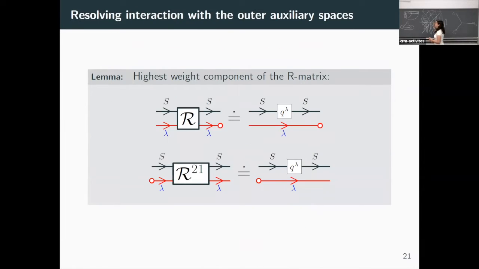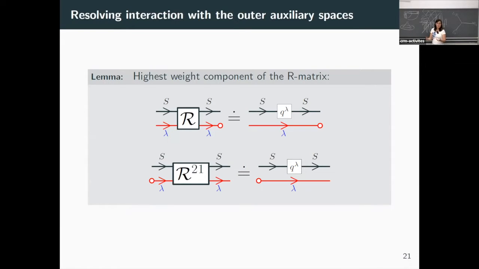Something else that we'll need to know is how the R-matrix interacts with these highest weight components. And this is in fact very easy, because if we take the R-matrix and have it act on the highest weight vector in our Verma module, then the only component of the R-matrix that will be left is the part which is in the Cartan subalgebra, because all the other ones will be of strictly positive weight acting on the highest weight vector.